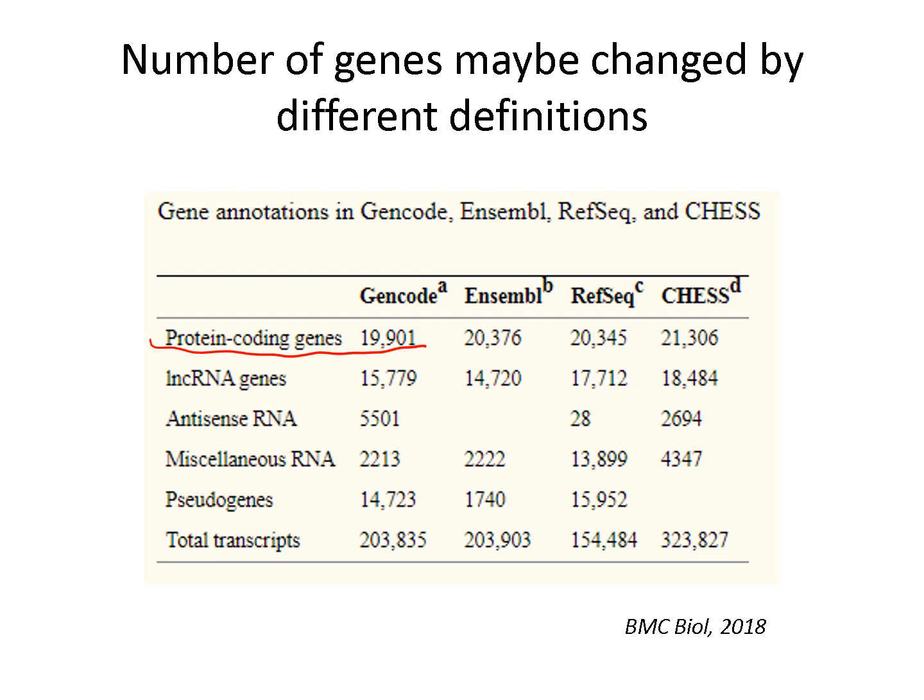Here we have GENCODE, Ensembl, RefSeq from the NCBI, and this is the new one, CHESS. For protein coding genes, we have about 20,000 around that. But we have another thing, some kind of gene that doesn't make protein. They make RNA for regulation function.